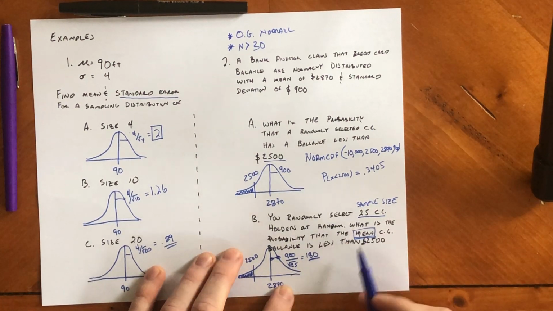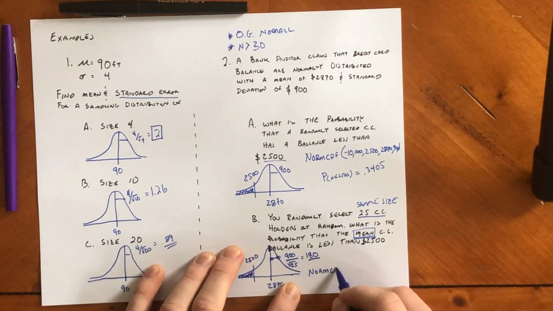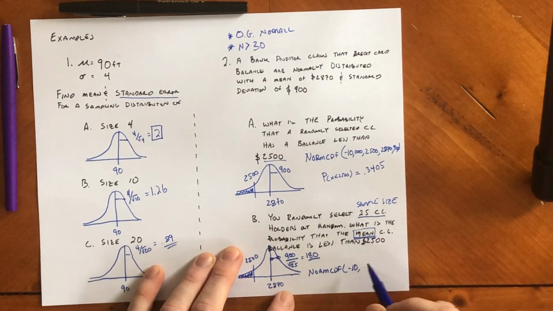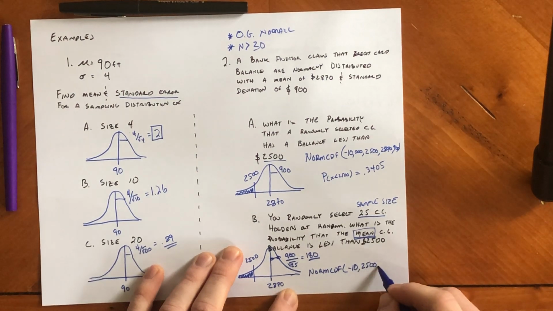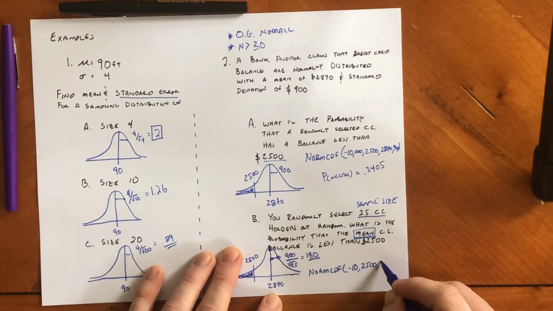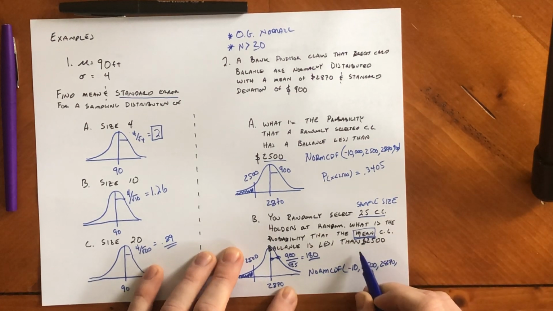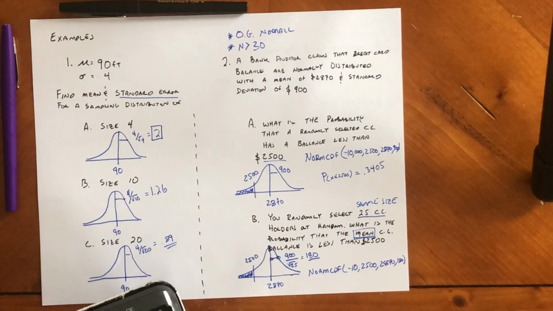So that's my new standard deviation. Now if I want to answer the same question, I'm going to do normal CDF, type in something negative and big, it could be negative 10, negative 30, negative 45,000, top bound 2,500, mean, which is not going to change, 2,870, and standard deviation, which we just found for the sample means, which is 180.